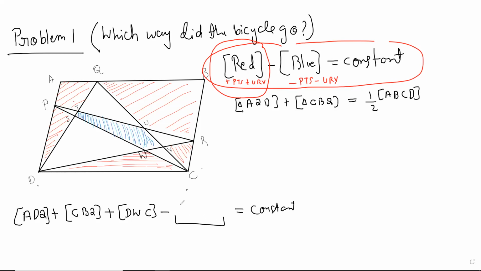It becomes PWR. I mean, signs and so on, you can adjust. So then I will show that this is a constant. Just see if this is okay first.